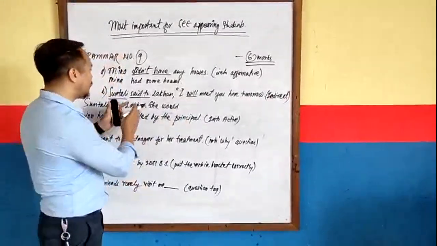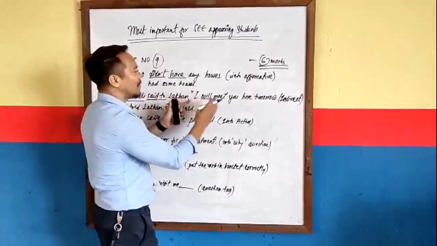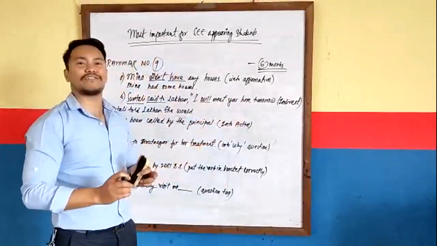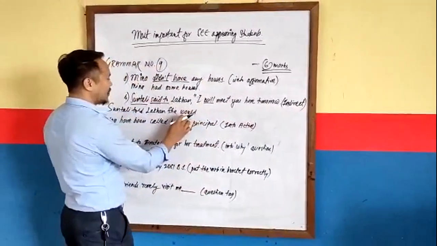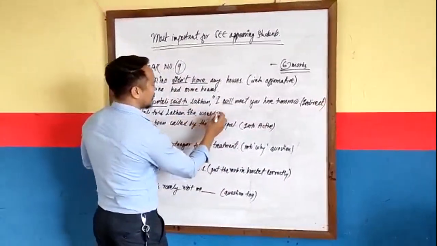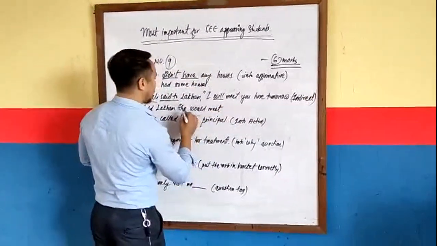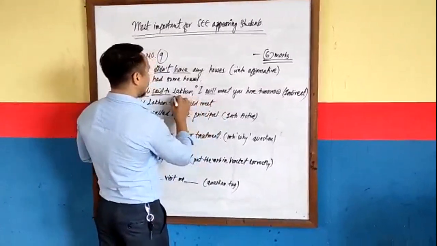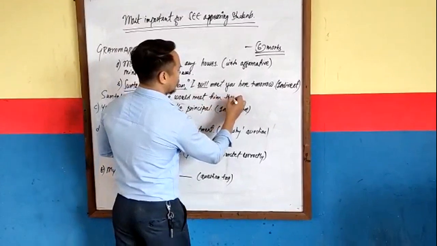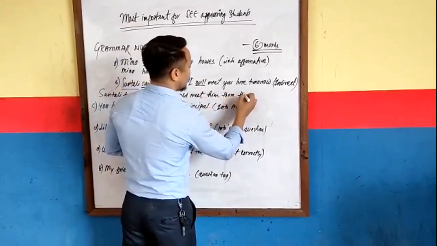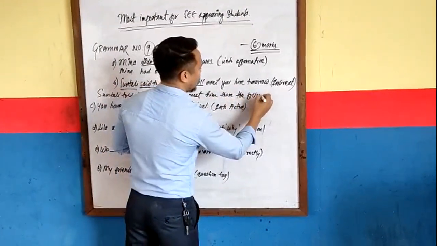As a rule, when the reporting verb is past, we change the tense of the spoken sentence. Alright? So here we change will into would. So you say she would, and the rest of the sentence remains the same. She would meet. Here Lakhan is him. Here changes into there, tomorrow changes into the following day.